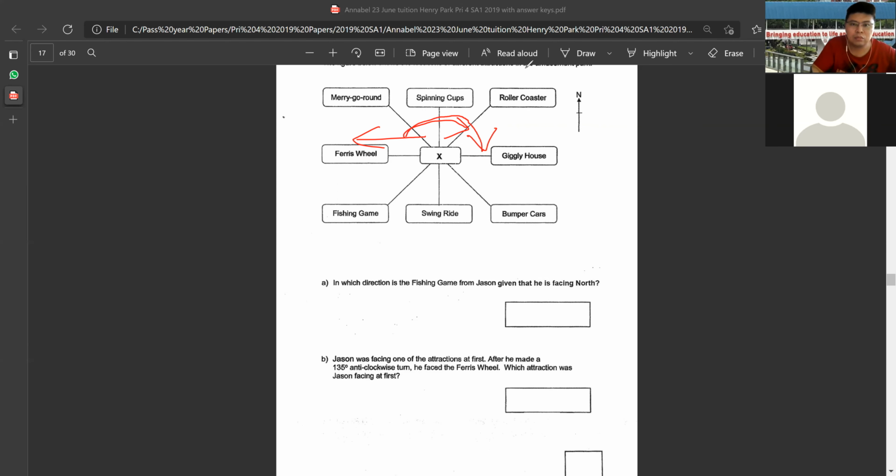Giggly house? Nope. This is 180, so 135 is until here. So it's the roller coaster. Yeah, it's the roller coaster.